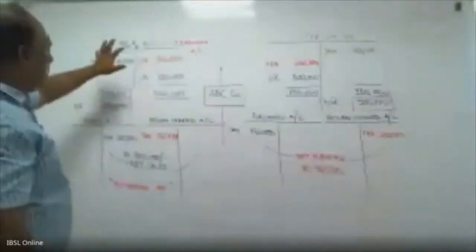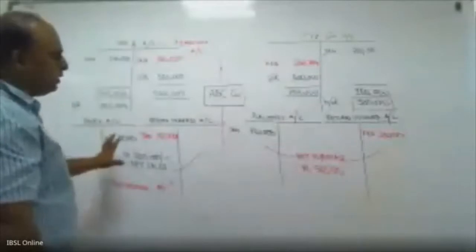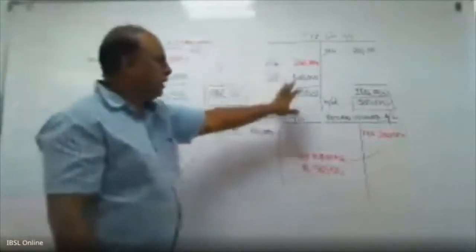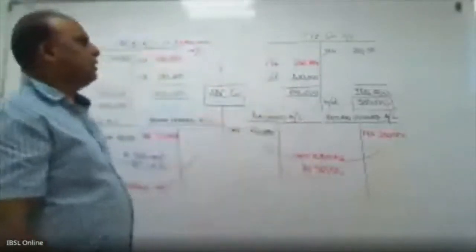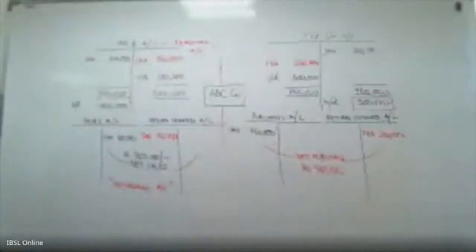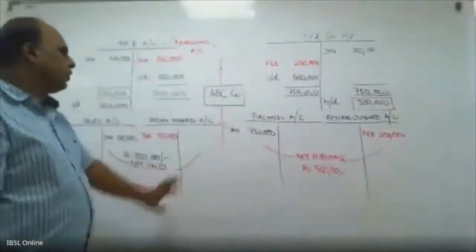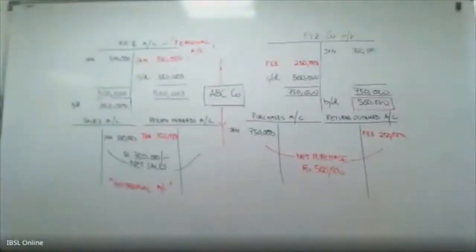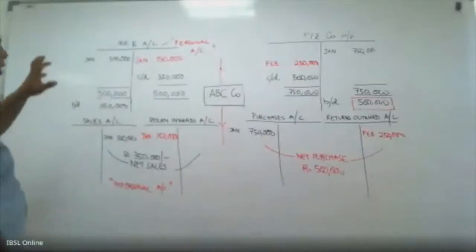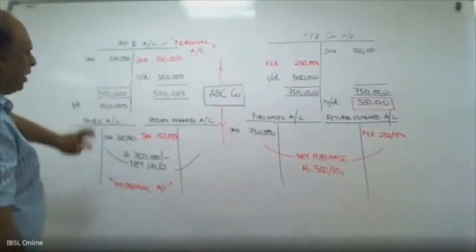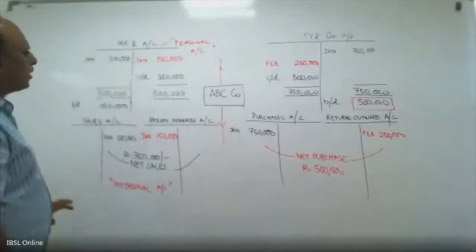So basically, this is about the credit sale and the return. This is about the credit purchase and the return. Okay. So I have worked on the T accounts as well for your knowledge. So you should be able to demonstrate in an exam question how to draw up these T accounts and how these double entries are recorded.